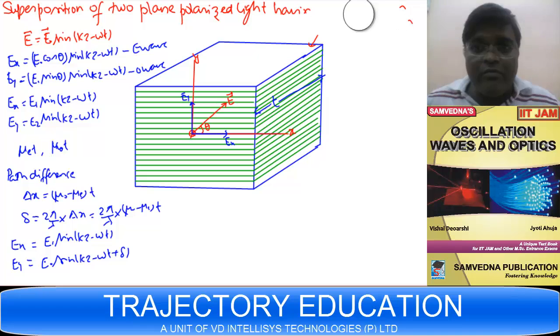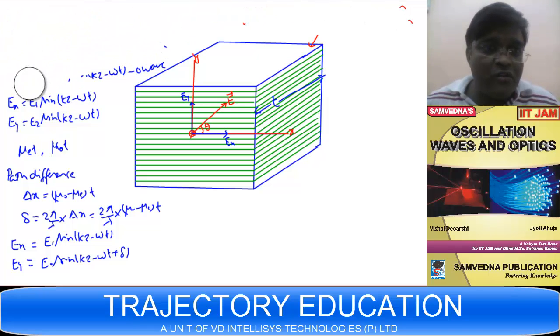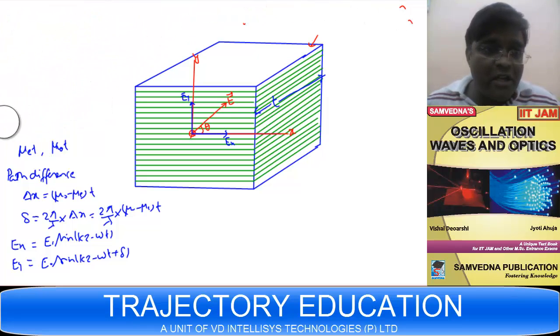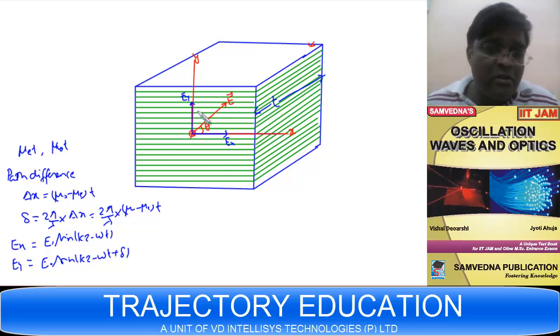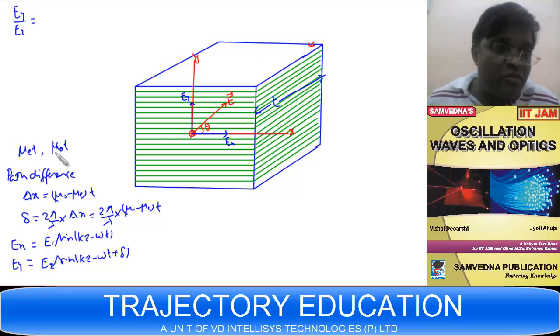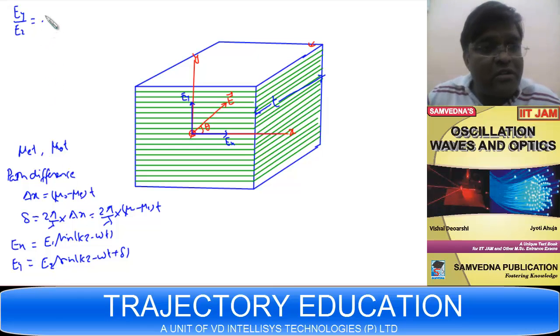Now, when they come out, you have two plane polarized lights, one having vibration along the principal section and the other having vibration perpendicular to the principal section. So now when they come out, they will superimpose. This is E2, and after superposition, see what they give rise to: kz minus omega t plus delta.